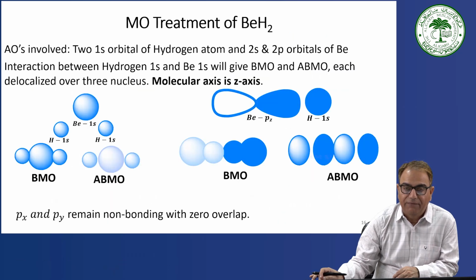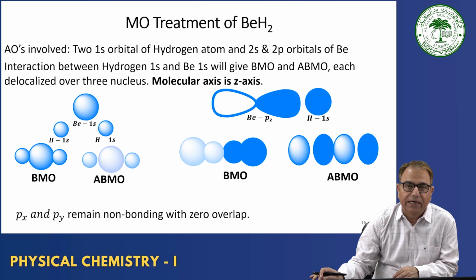What about triatomic molecules, say the BeH2 molecule? In BeH2 you have 2 hydrogen atoms, so the 2 hydrogen atoms will contribute 1s orbitals, and in case of beryllium, you have an s orbital and a p orbital also. So two different kinds of combination could take place. If it is a linear molecule, it lies on one axis, and we suppose it to be the z axis.